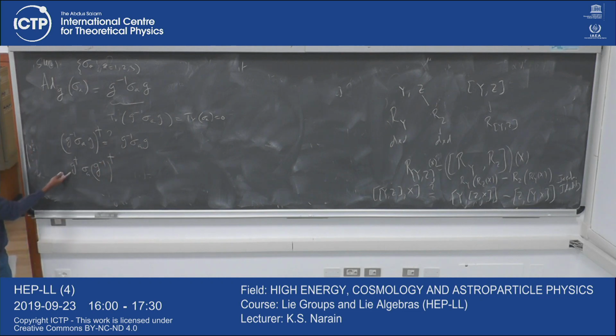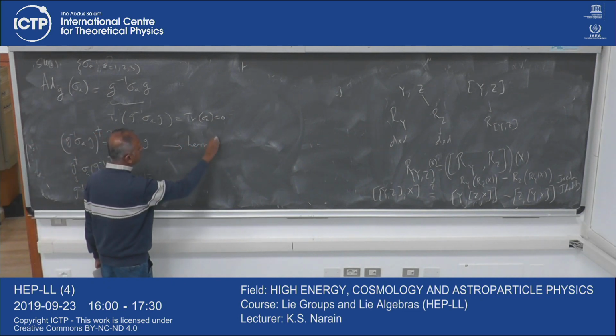But G is an element of SU(2), so it's unitary, so G dagger is G inverse, and G inverse dagger is G. So that's that. You see it's Hermitian.